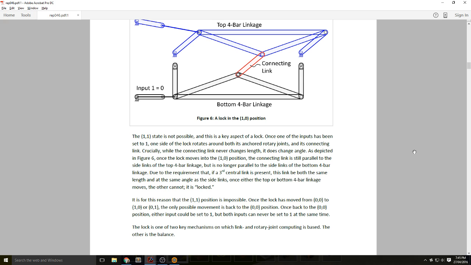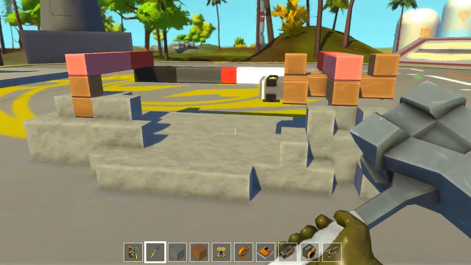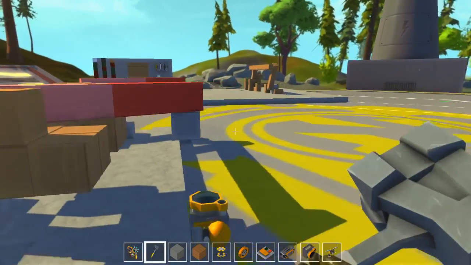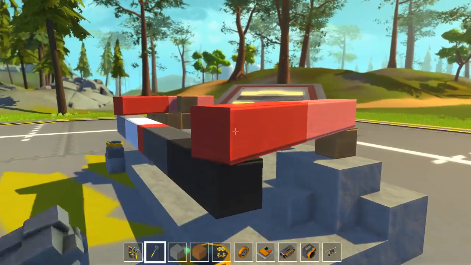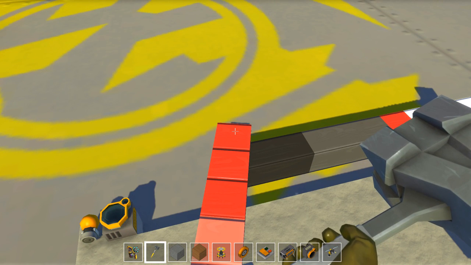So we can do this with L-shaped pieces. We are so not even getting to the balance today. Does this still work? Yep. All right.